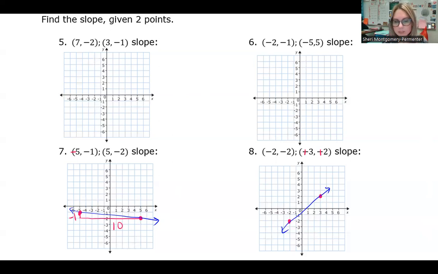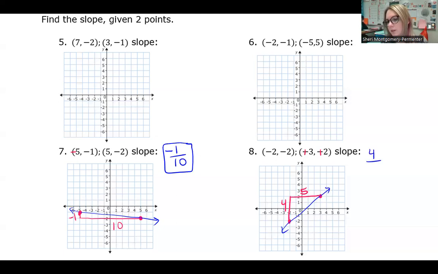Very good. So my slope is down 1 and over 10. Does that reduce? No. For the second one, I have to do the same thing from the left point to the right point. How do I get there? I have to go up and over. So I go up. Looks like 4, and then I go over 5.